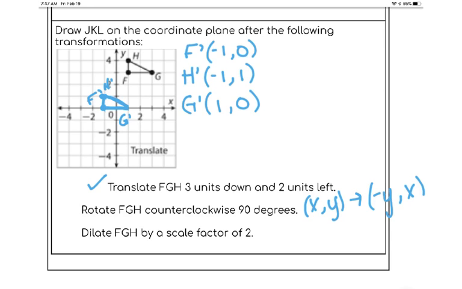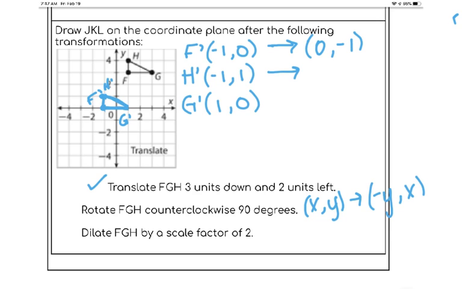Okay, so this is my x and my y, and I'm going to rotate it counterclockwise 90 degrees, and it's now going to be negative y, x. So whatever y is now going to become negative, or the opposite of what it is. So it's 0, so you can't make 0 negative, so it's going to stay as 0. And now my x is going to go where my y value was, so it's now going to be 0, negative 1.